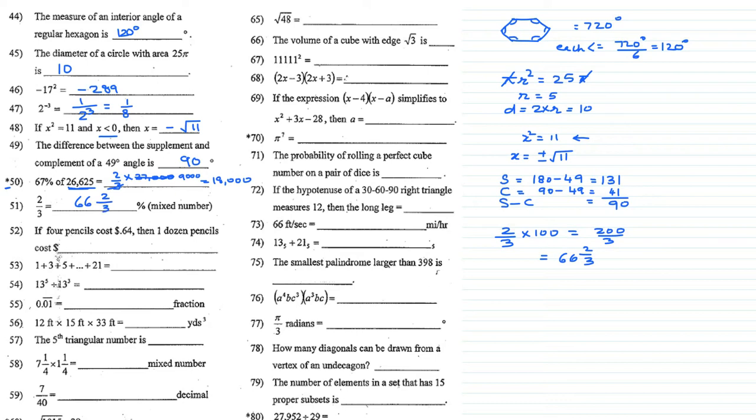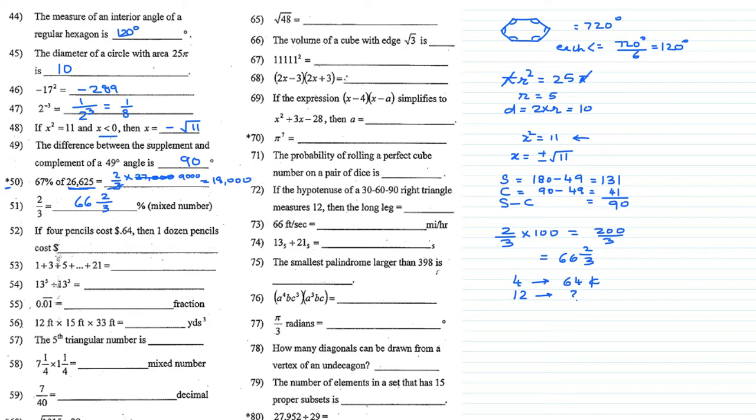Question 52, if 4 pencils cost $0.64, so essentially this is 64 cents, then 1 dozen pencils cost how many dollars? So if 4 pencils cost 64 cents, 1 dozen is 12, costs how many cents or how many dollars?